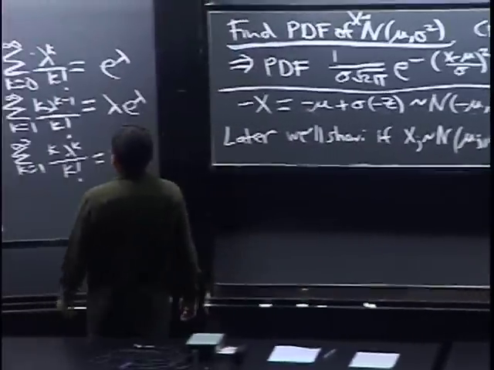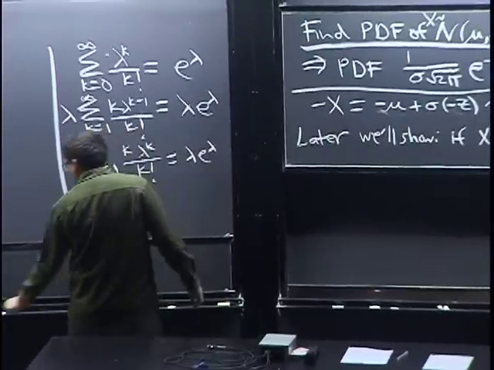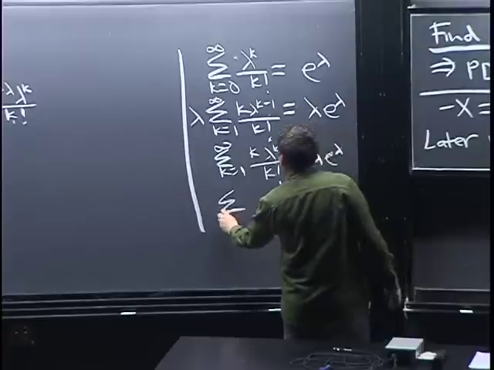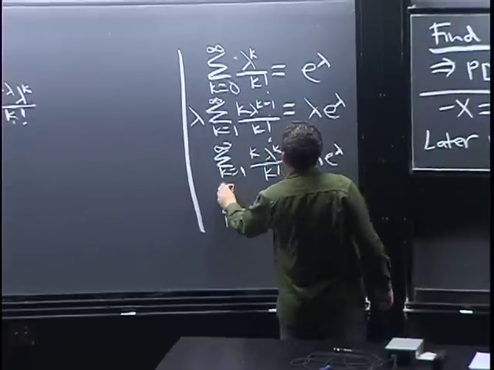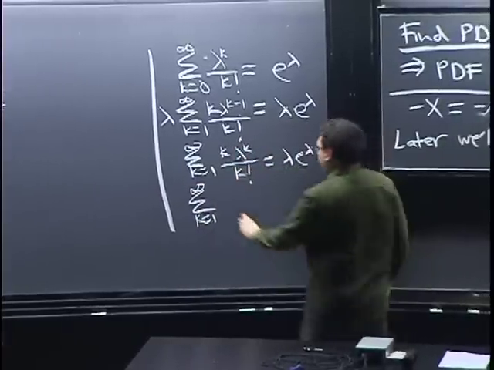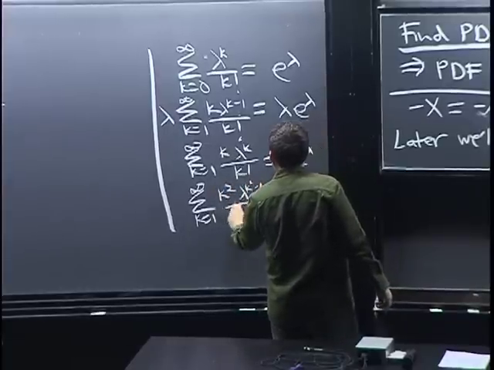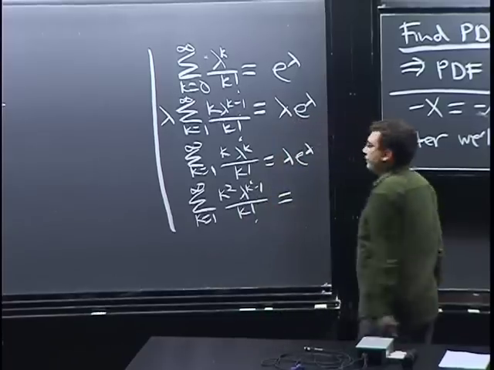Okay, so take the derivative a second time, k equals 1 to infinity. Take the derivative again. Now it's k squared, lambda to the k minus 1 over k factorial. Well, now we have to use the product rule.